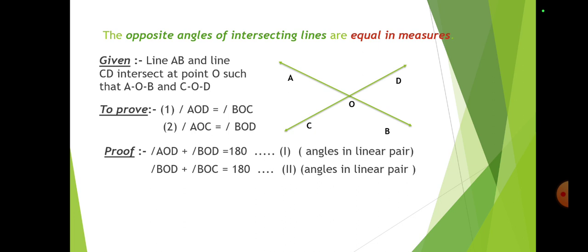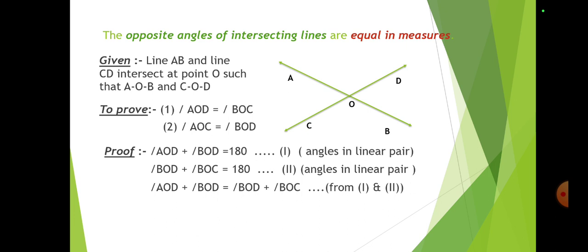Now how is the next pair of angles selected? We have selected the next pair which contains the same angle BOD. So BOD plus BOC is equal to 180 degrees. This is the second statement, and as they are angles in a linear pair, their addition is 180. Now from statement 1 and statement 2, what do we get?